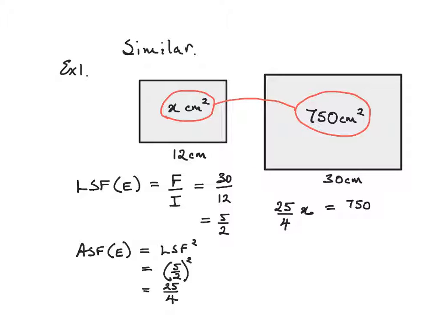How do I deal with something of this sort? I'm going to multiply by 4. So 25x equals 4 times 750 is 3000. I'm going to divide by 25. And that gives me 120 centimetres squared.